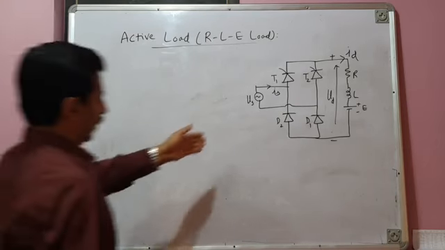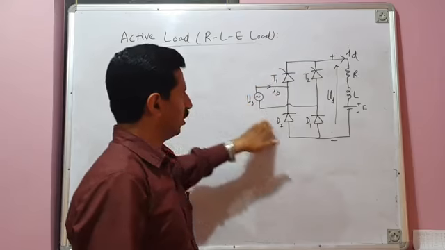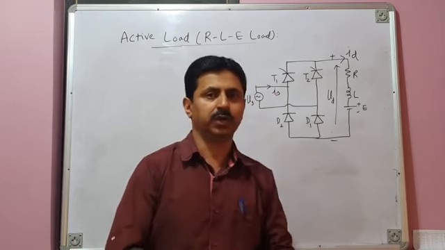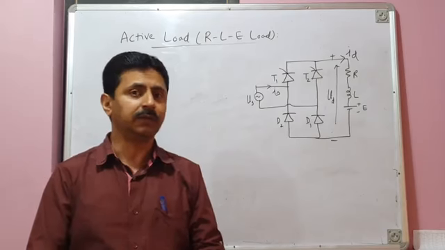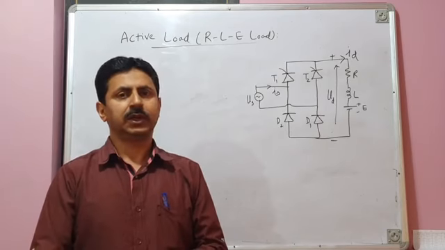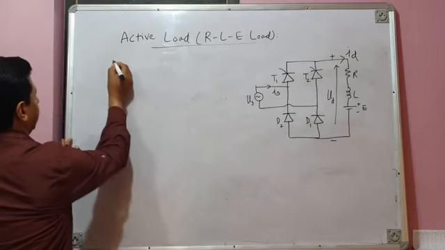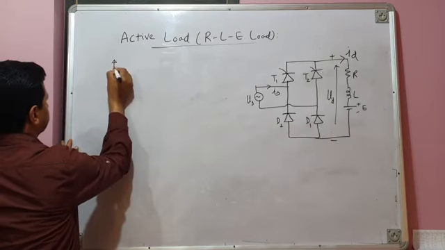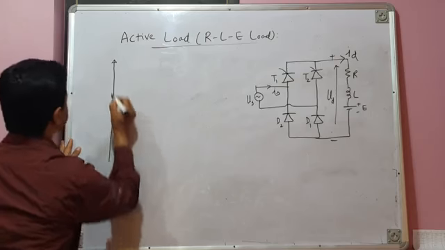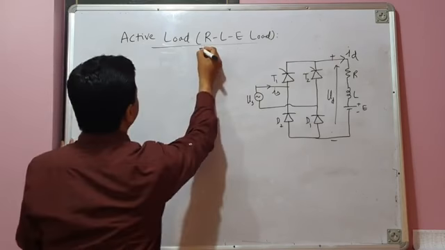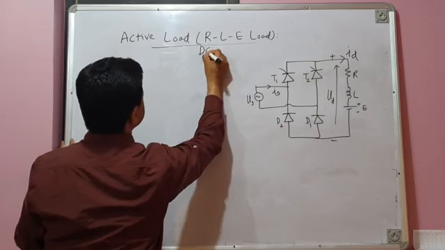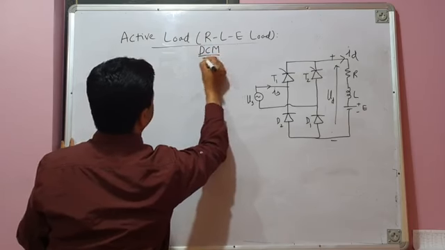Now we can understand again the operation of this converter for RLE load. Its operation will be clear only using the graphical approach, that is waveforms. Let us draw various waveforms. Here again we will discuss first discontinuous conduction mode of operation.